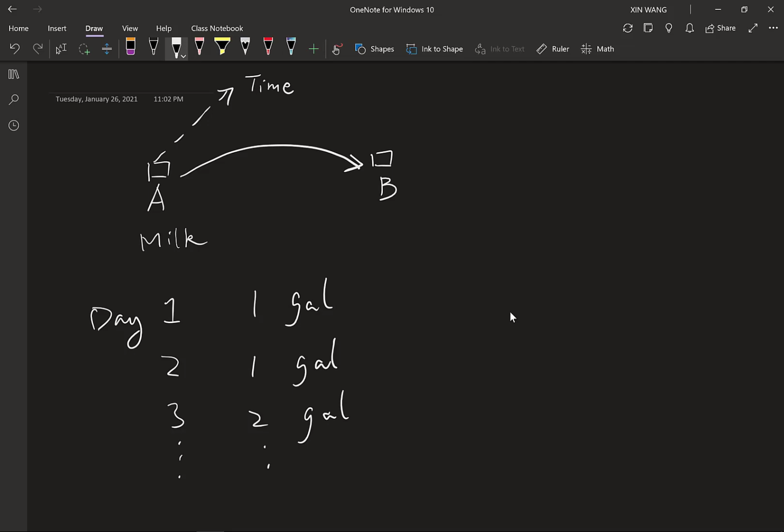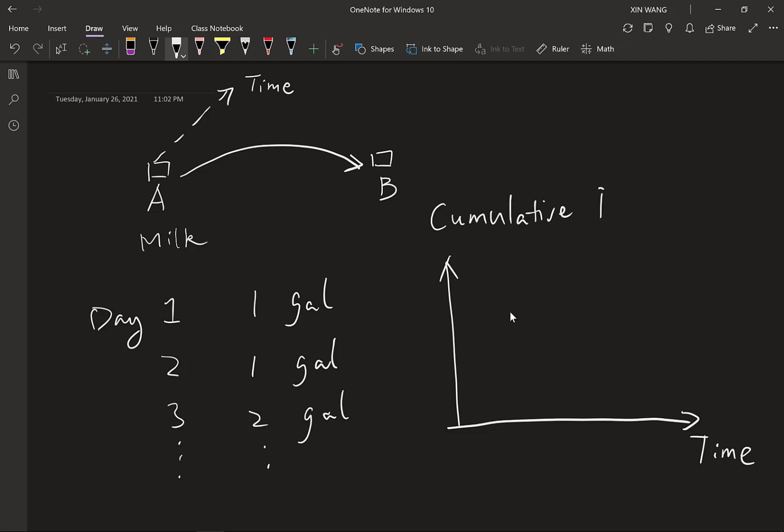In this way, we can draw a figure where the horizontal axis, let's say, is the time, and the vertical axis, let's say, is the cumulative production.